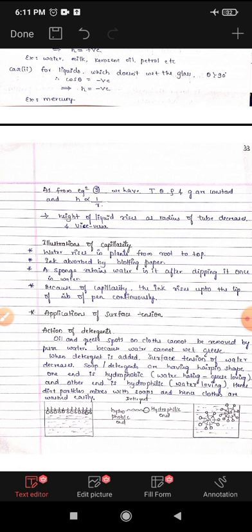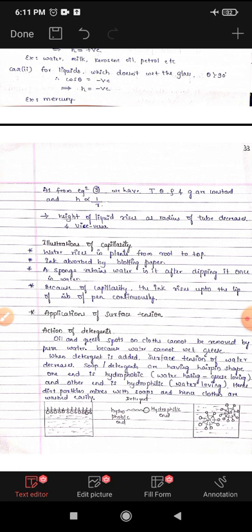So at that time we have to add some detergents or use soaps to clean them. Then what is the mechanism that happens when we add some detergents to that water?